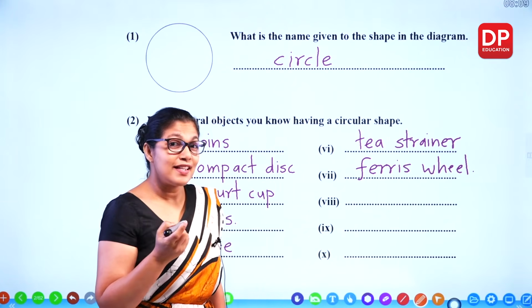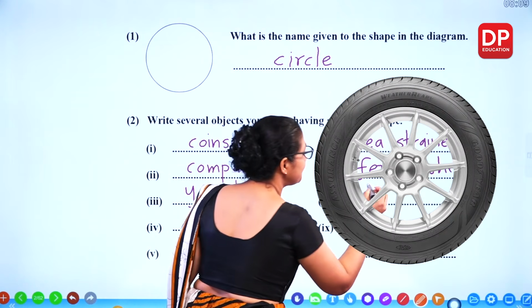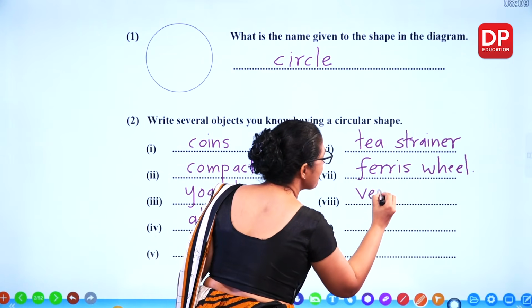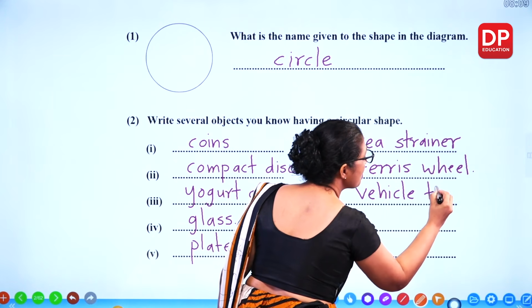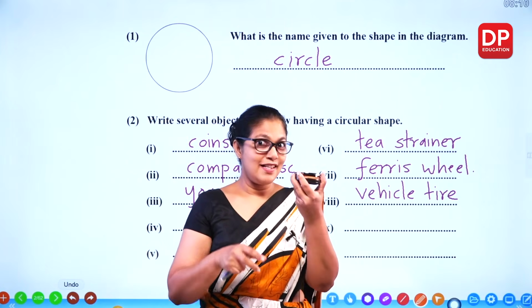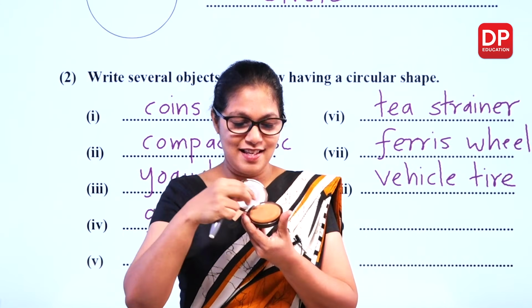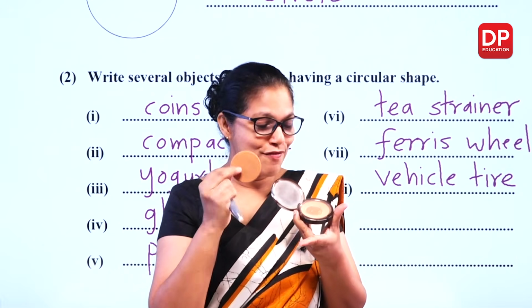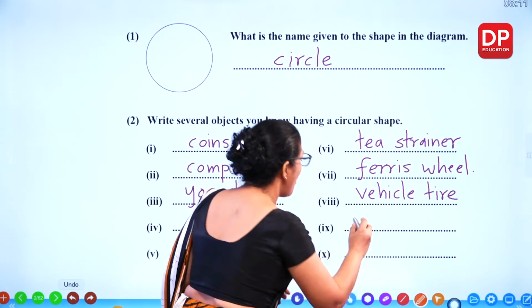When you take vehicles, tire of the vehicle. Girls, what about this? You need this later. Makeup powder puff. So you can write makeup powder puff.